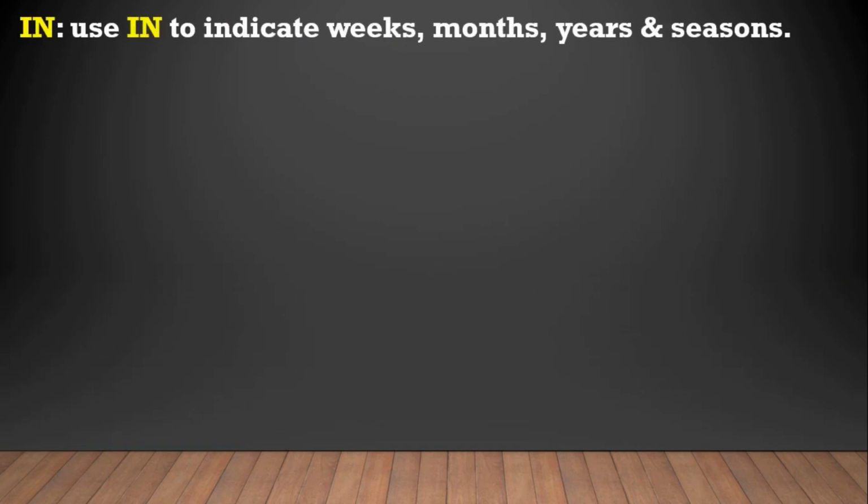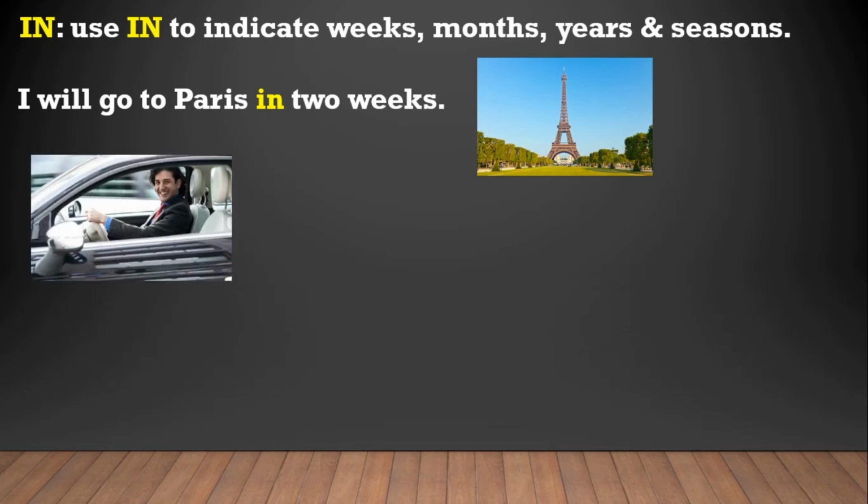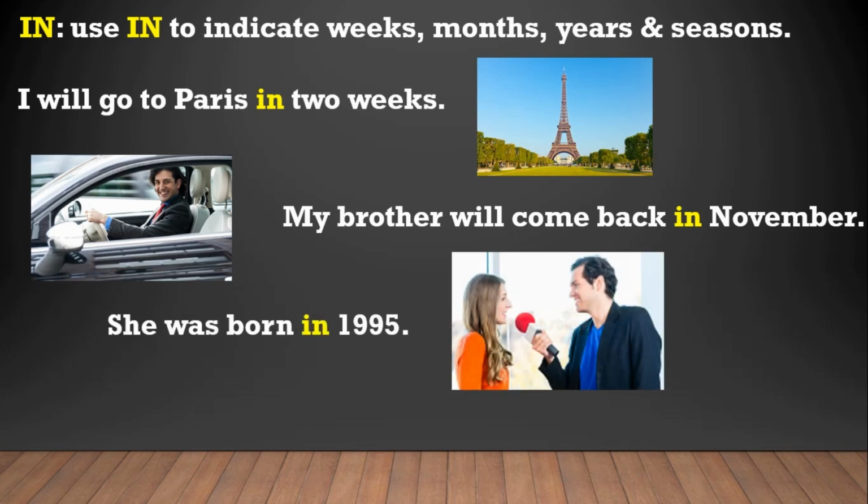In: use in to indicate weeks, months, years, seasons, decades, etc. Okay? I will go to Paris in 2 weeks. My brother will come back in November. 2 weeks, November month.